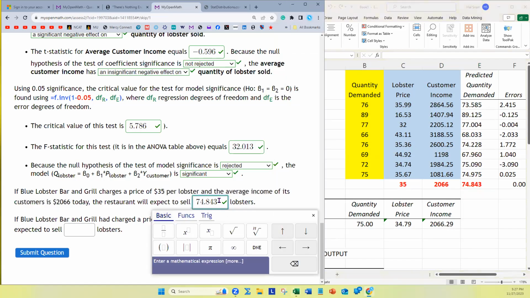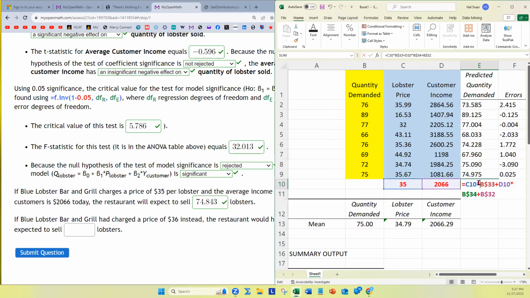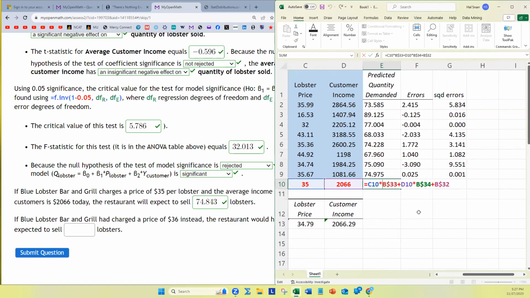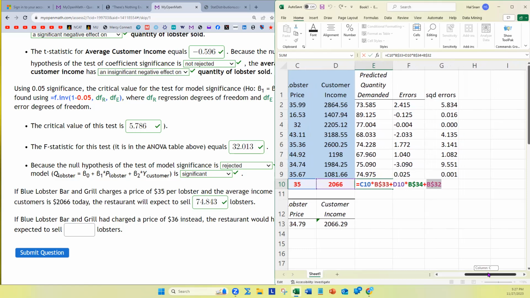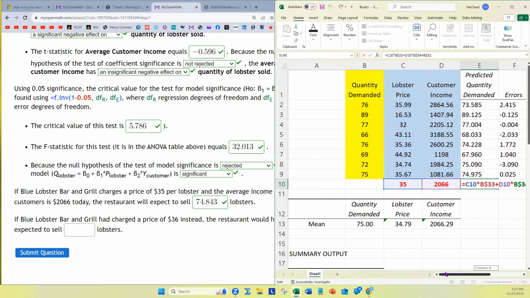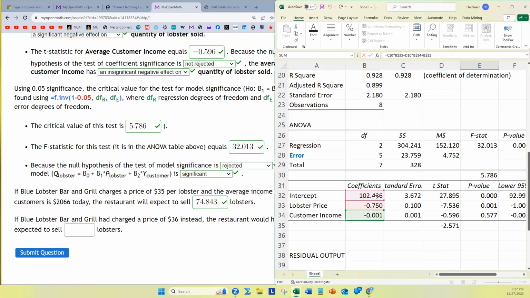What was the last one? So after I added the number from the customer income multiplied by the customer income coefficient, the last thing to add is the intercept. The estimated intercept, the third number here, right? And you don't multiply this by anything because it's just the intercept of the model.